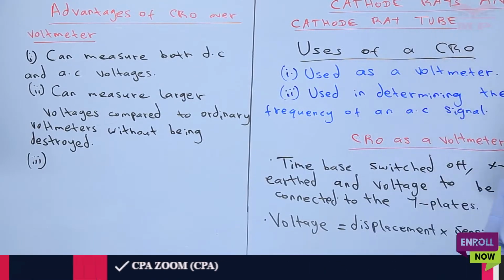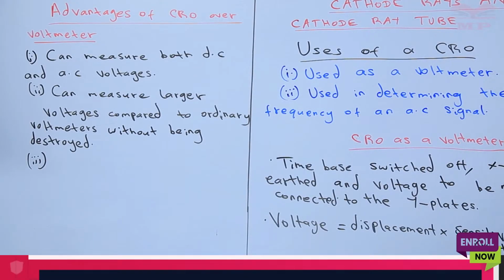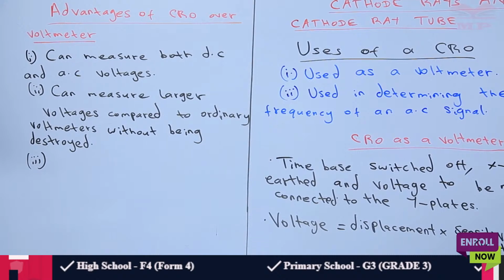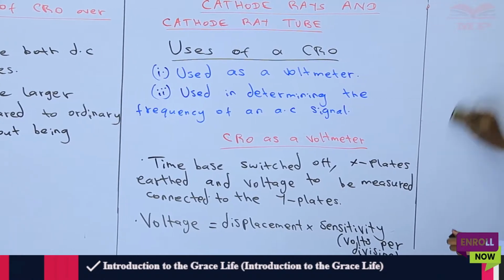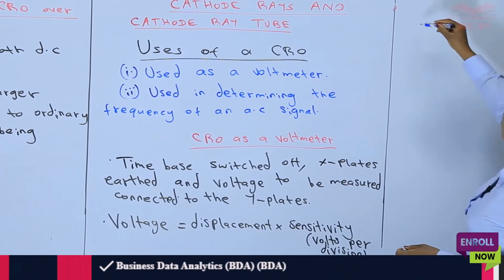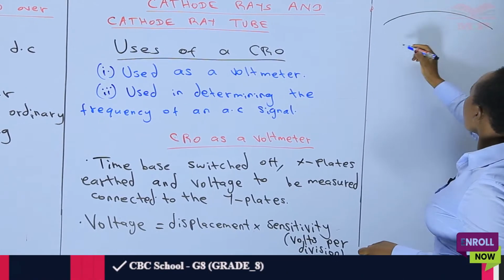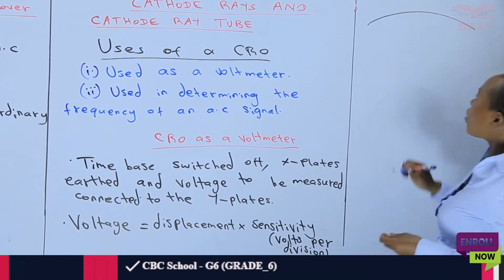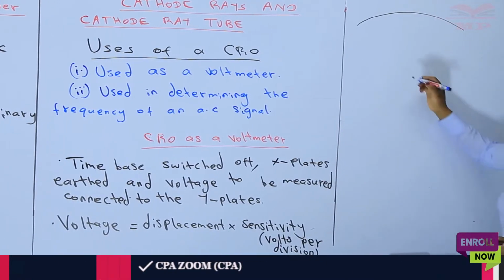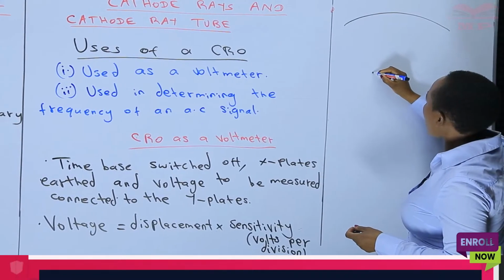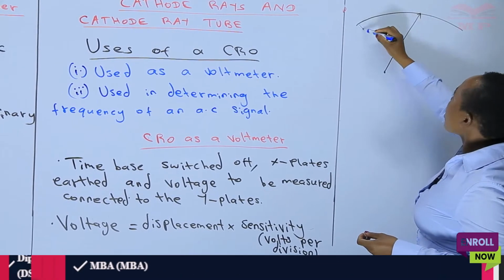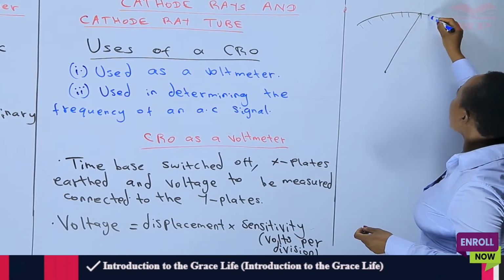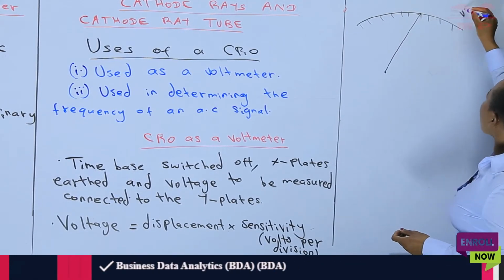Then we know very well that when we use a voltmeter in electricity and want to read the screen, we usually check how the pointer moves. If, for example, this is my pointer, these are the readings on the voltmeter.